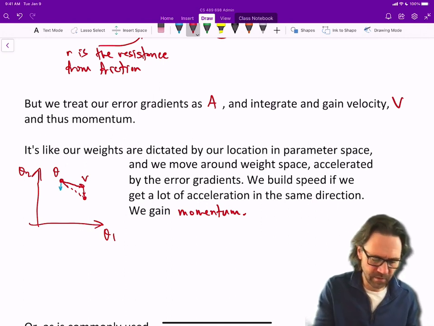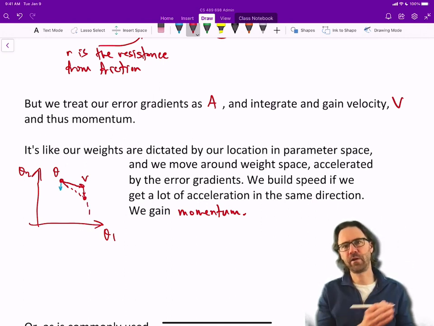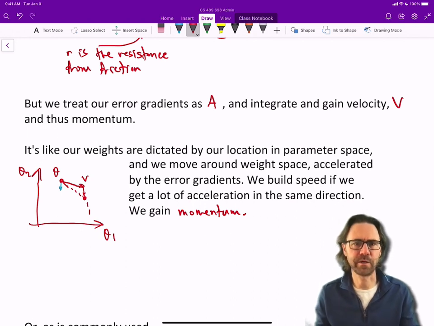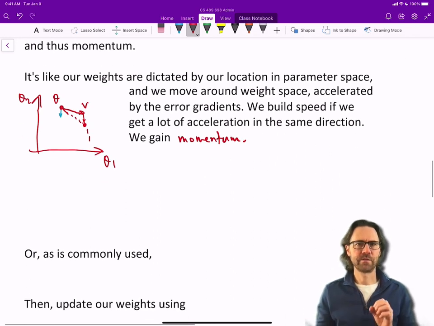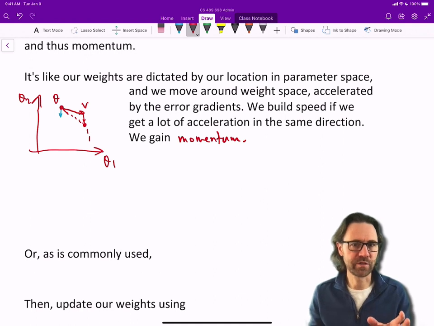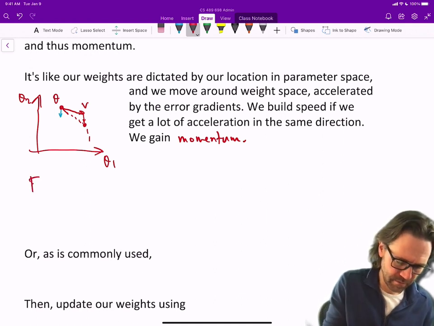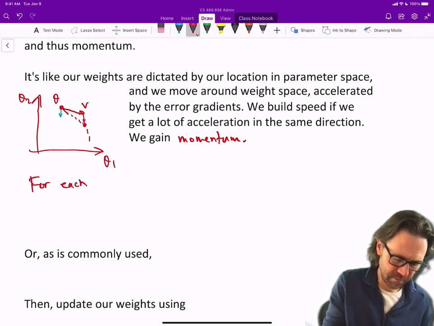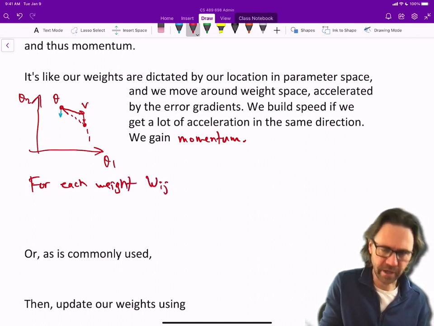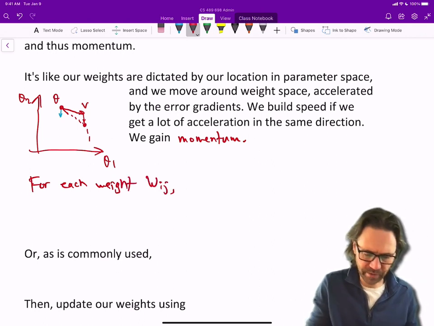And you can imagine as time goes on, we're going to follow some curve through this parameter space. So for each weight, Wij, we also calculate Vij.